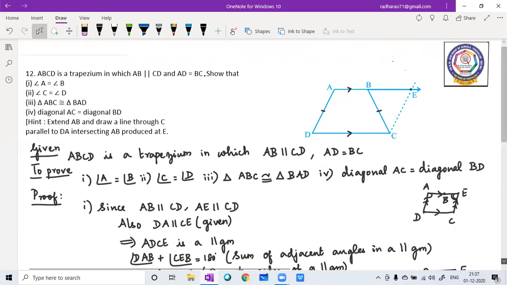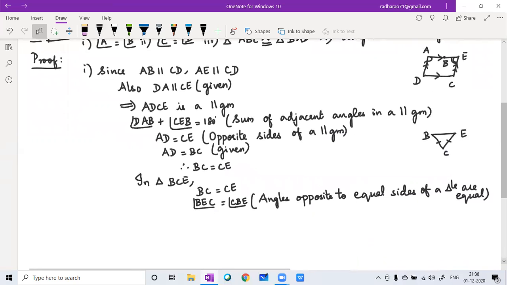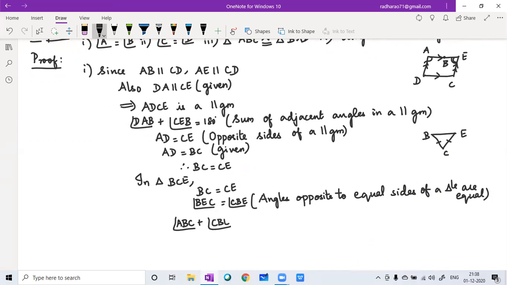Angle ABC plus angle CBE is equal to 180 because it is a linear pair, or straight angle. Let me mark the first result as equation number 1 and this as equation number 2.